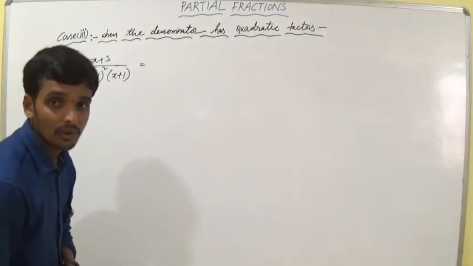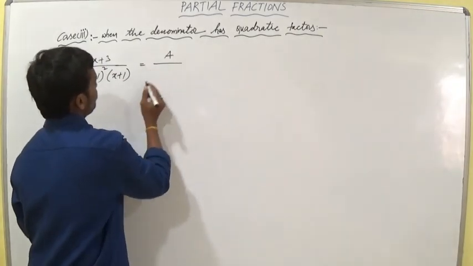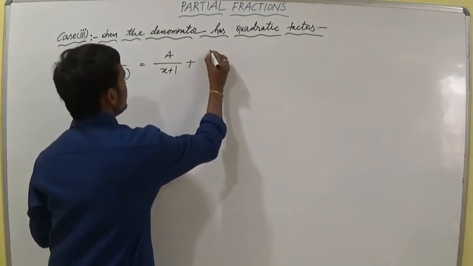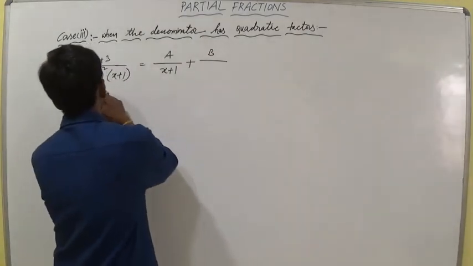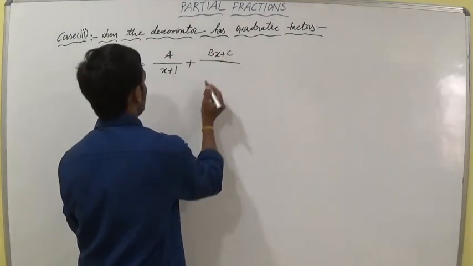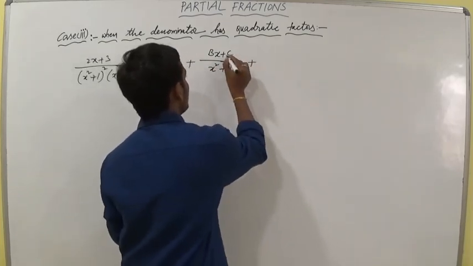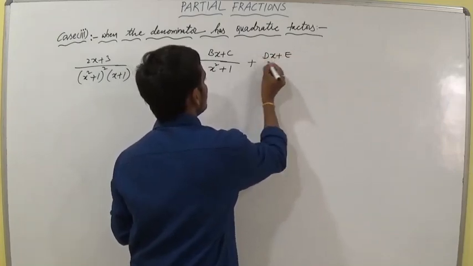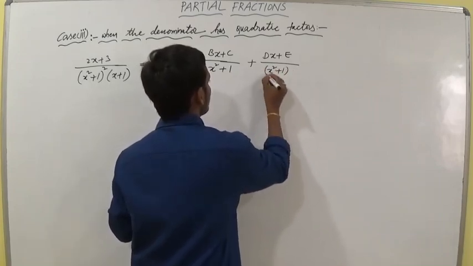So this time how can we write? First give the priority to the linear: a by x plus 1, plus b by x square plus 1 whole square. This is a quadratic function, that's why we write bx plus c by x square plus 1, plus the next one, dx plus e by x square plus 1 whole square.